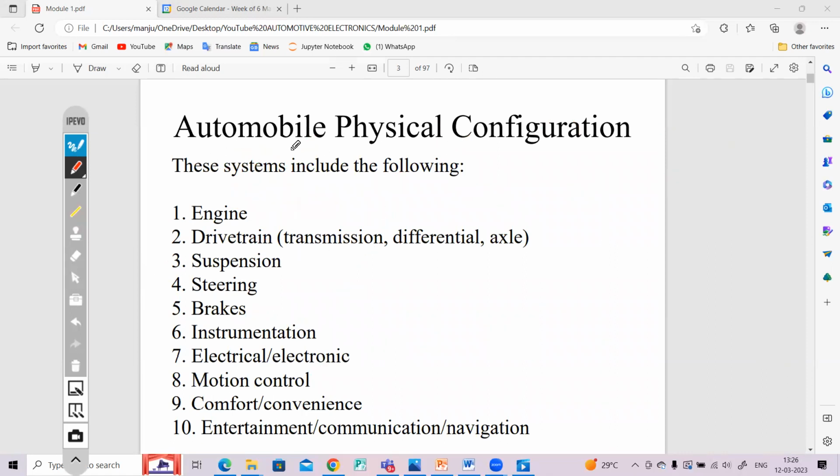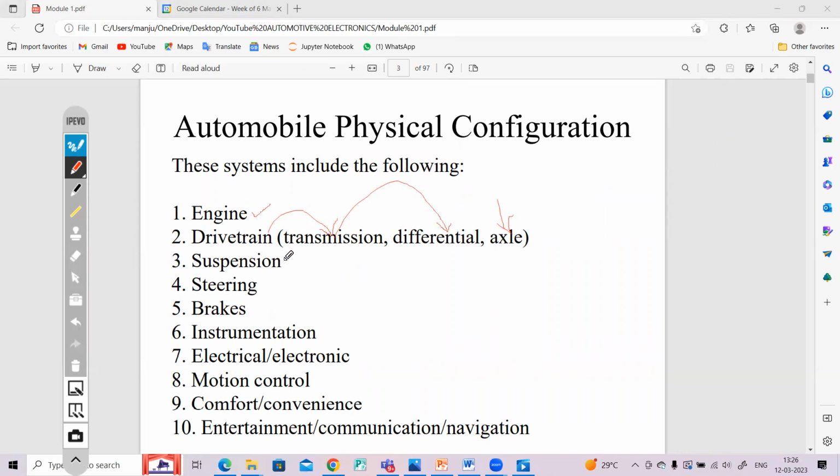To form the automobile's physical configuration, the first important one is the heart, that is nothing but the engine. Then we'll discuss the drivetrain. There we'll see what type of transmission, what type of differential, and how the axles play an important role.